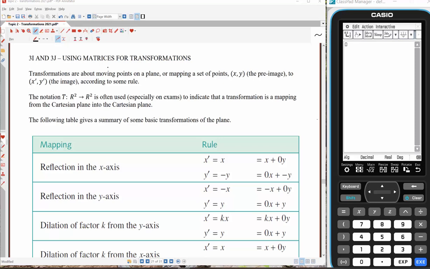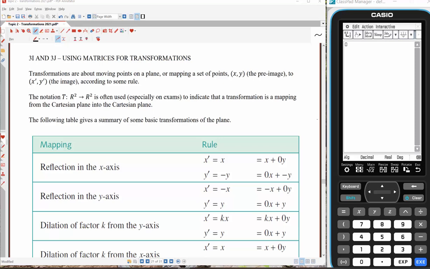So take note. Transformations are about moving points on a plane or mapping a set of points. So remember that the originals, or technically the pre-image, map to x dash and y dash, the image, according to some sort of rule. We use a transformation where we've got R squared maps to R squared on the exams.